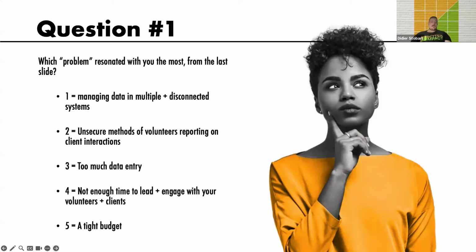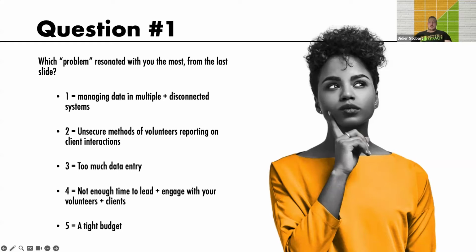If you can, we'll be using the chat again, just to interact with everyone. So question number 1 is, which problem resonated with you the most from the last slide? Number 1 is managing data in multiple disconnected systems. If you answer number 2, it's unsecure methods of volunteers reporting on client interactions.